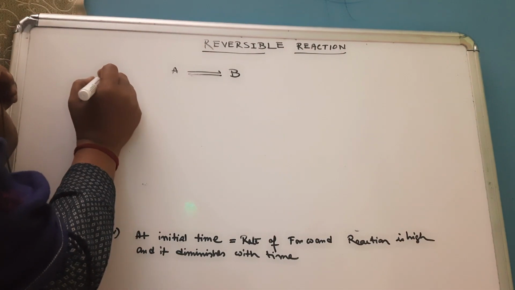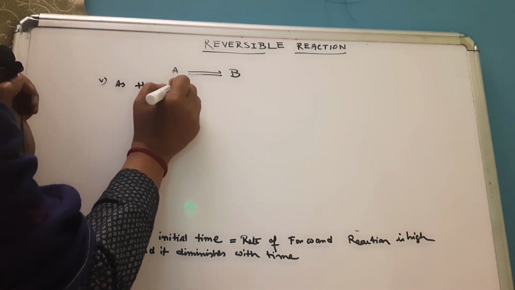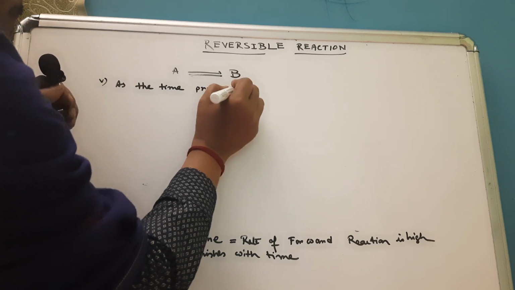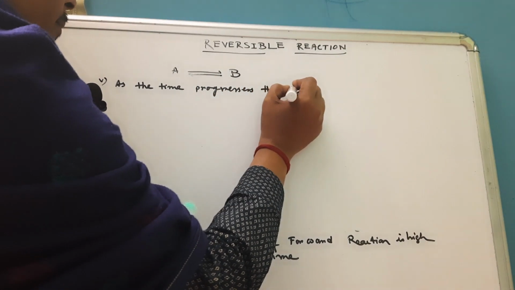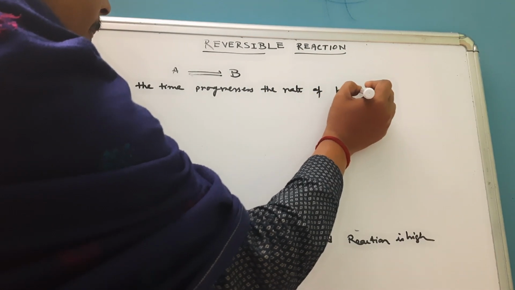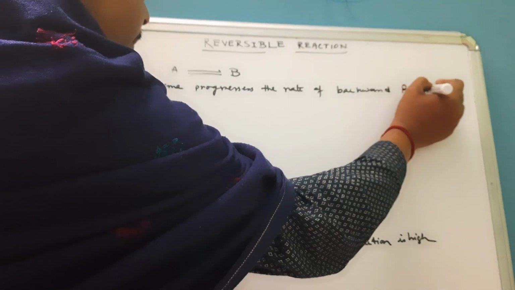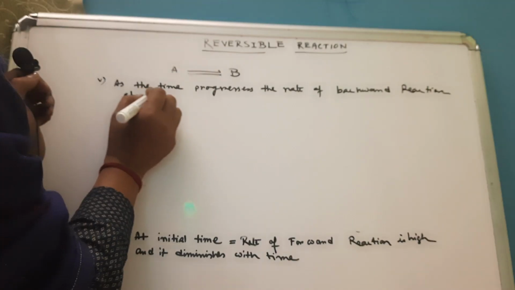Number fifth, as the time progresses, the rate of the backward reaction starts increasing.